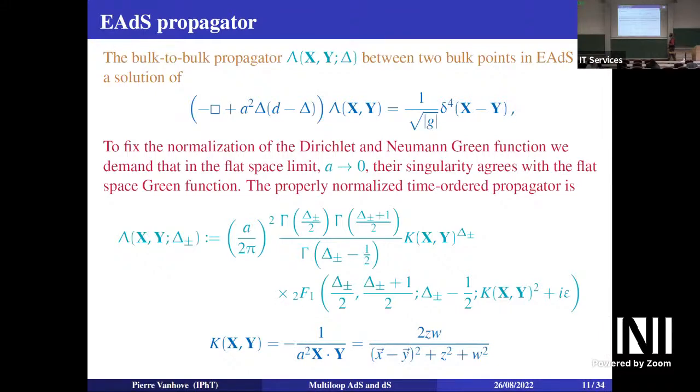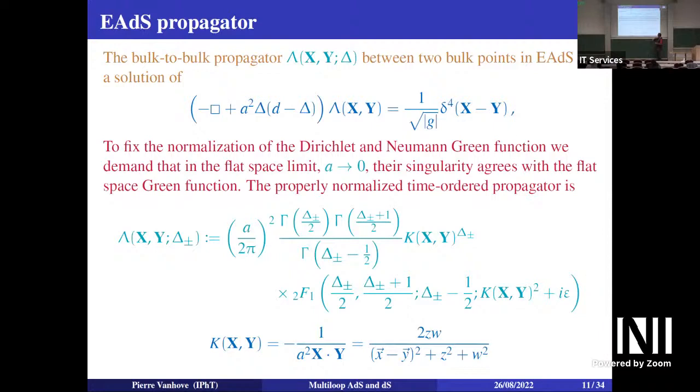The argument of the hypergeometric function is the inverse geodesic distance in your Euclidean de Sitter space, which, when you use Poincaré patch coordinates, where the bulk coordinate for x is z and the bulk coordinate for y is w, and this is the boundary component.